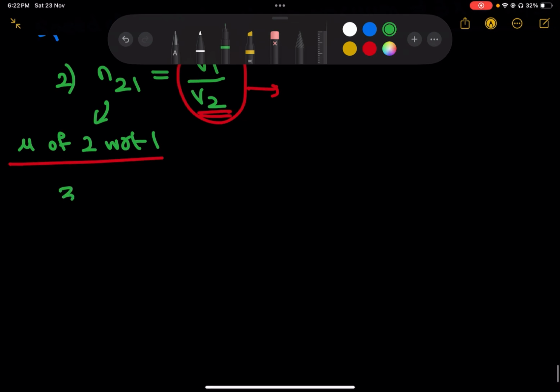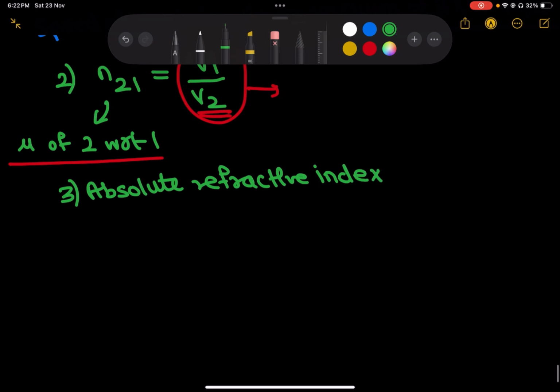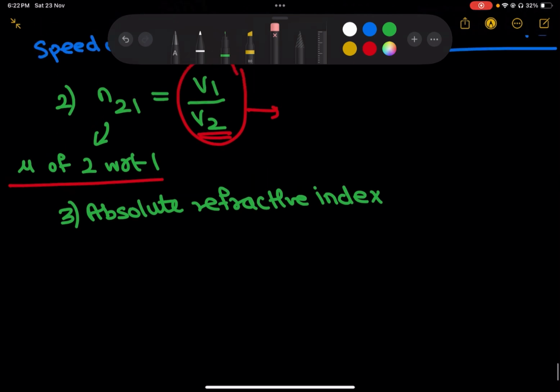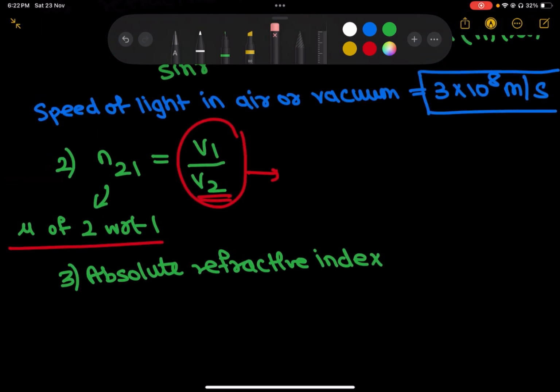The third formula is something called absolute refractive index. So now what is this? Something new? No. Basically here, one medium is fixed. In the earlier formula both mediums could be different, they could be anything. But in absolute refractive index, medium 1 has to be air or vacuum.